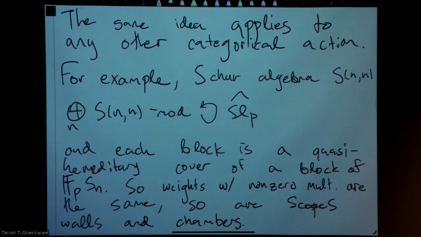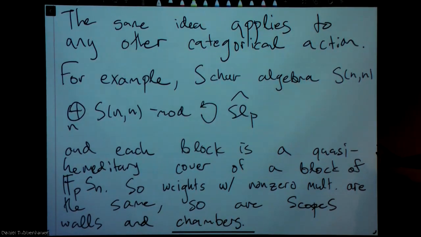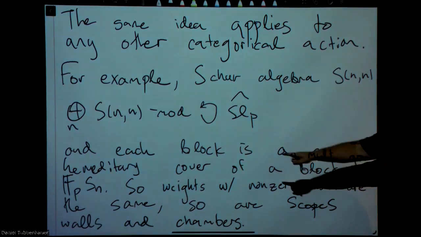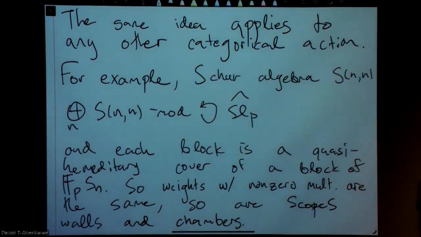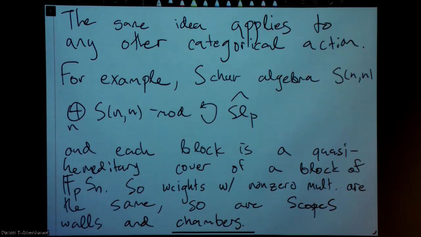So for example, instead of looking at the symmetric group or the Hecke algebra, for one thing, I could look at the Hecke algebra and the combinatorics is exactly the same, but I could look at the Schur algebra or Q-Schur algebra, and now every block is going to be a quasi-hereditary cover. So the Schur algebra is a quasi-hereditary cover of the representations of FpSm.